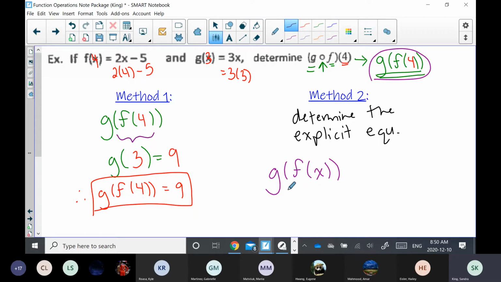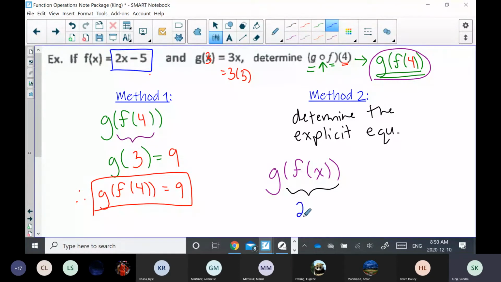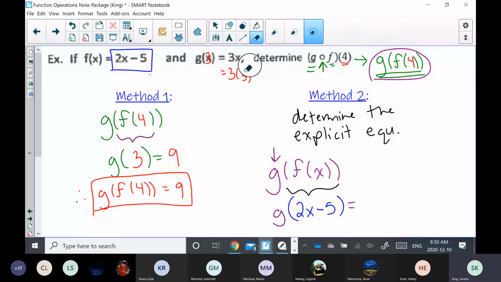So f of x, you guys, the equation for f of x is up here. So this is my equation for f of x. So I'm going to take that f of x, and that is going to be my input equation, 2x minus 5. Where that is going to get input is into the outer function, which is g. So what this means is in my g function, so here's my g function, right? This is my g function.